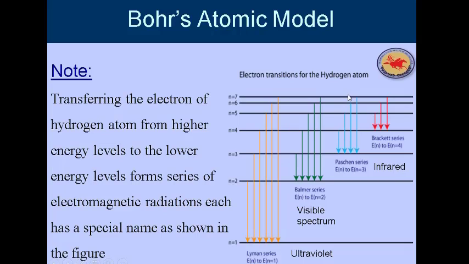In the third case, we are returning back to the third energy level, and this is called Paschen's series, and they are in the form of infrared radiation. And the last one is called Brackett series. We are returning back to the fourth energy level, and in this case also the emitted radiations are infrared radiations.